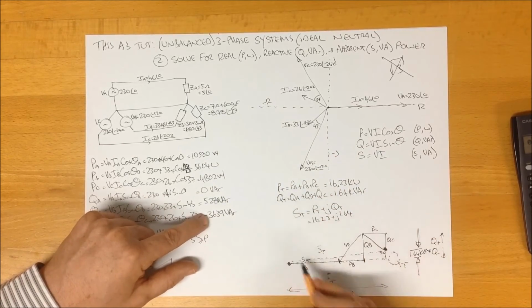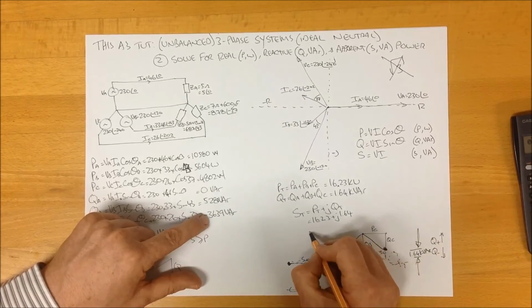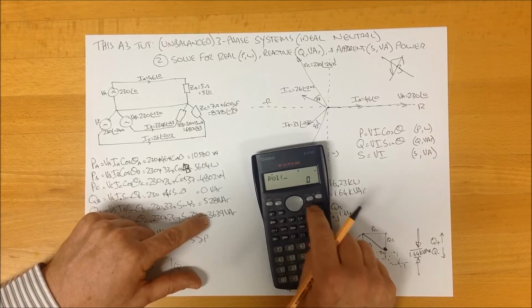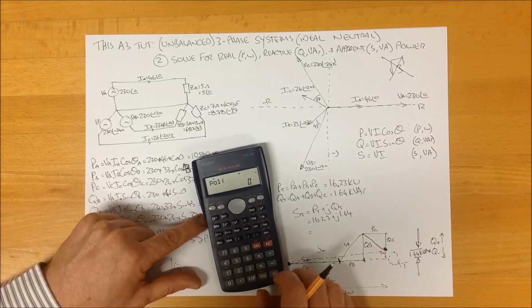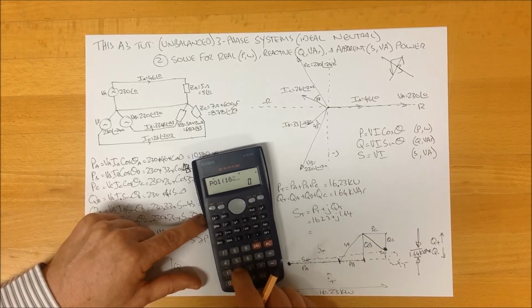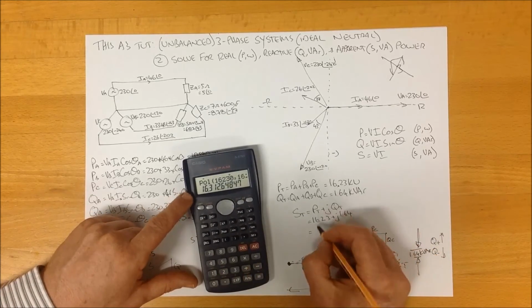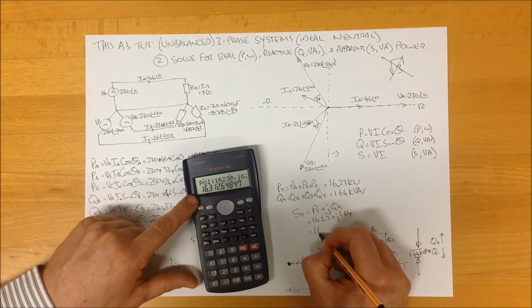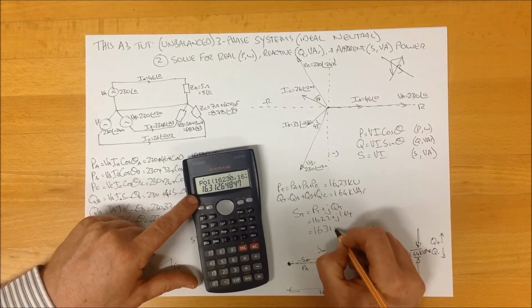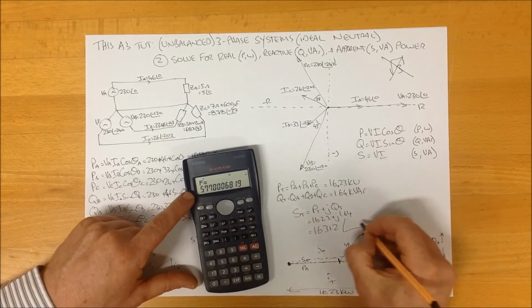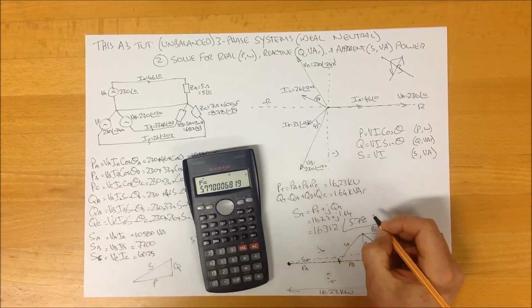We now have it in rectangular form, and we can simply do a polar conversion on that. Polar of 16230, comma 1640, gives 16,312 at an angle of 5.78.